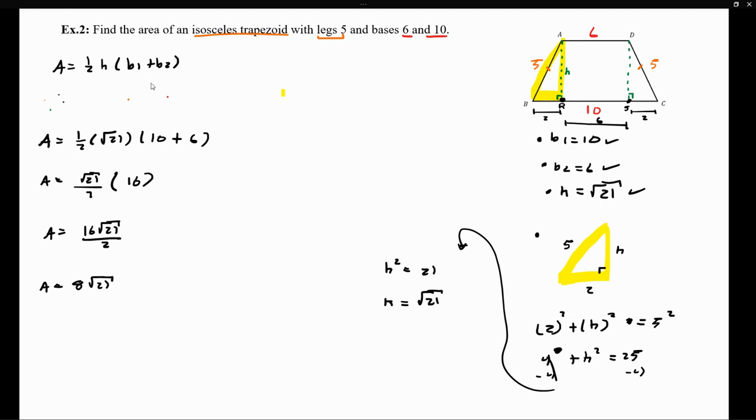And again, this is not sufficient. We're just not going to write it as a number. Notice that we need to have some kind of unit squared. But again, notice that in this problem, the units were not given to you. So we're going to just write it out as the numerical value, units squared.